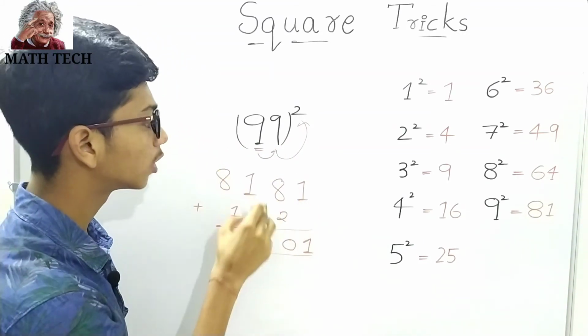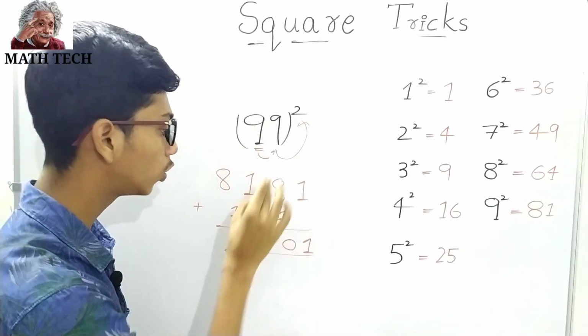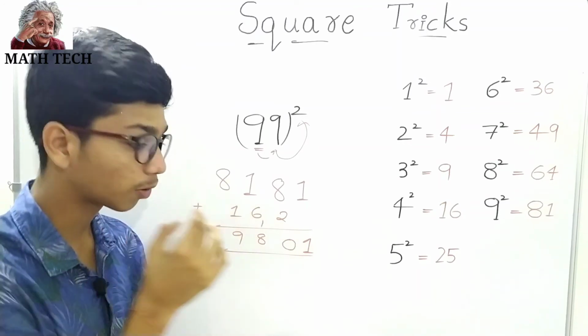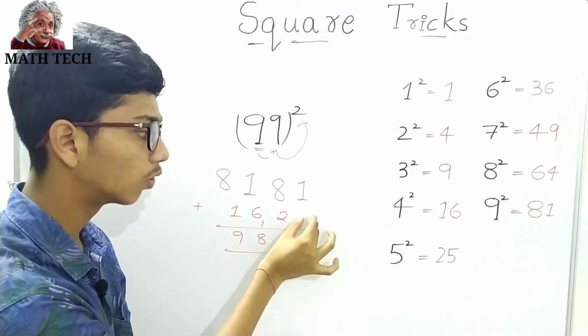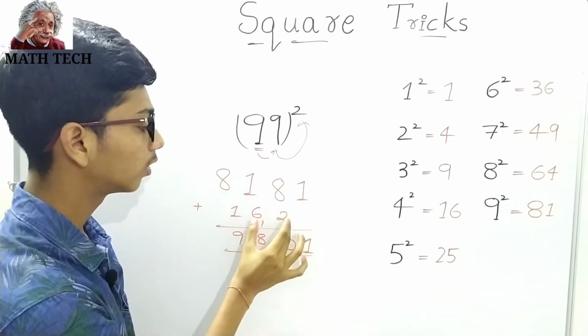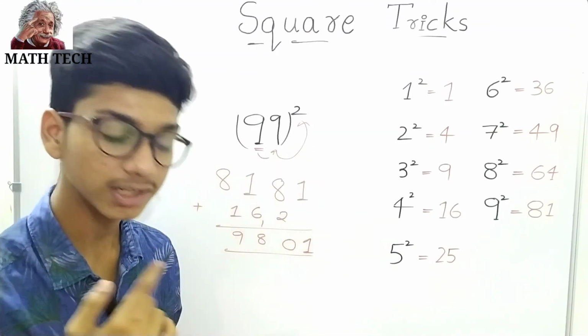The third step is 9 into 9 into 2, that is 162. Leave the ones place, write 162 and add it. Simply we will get the value of 99 square.